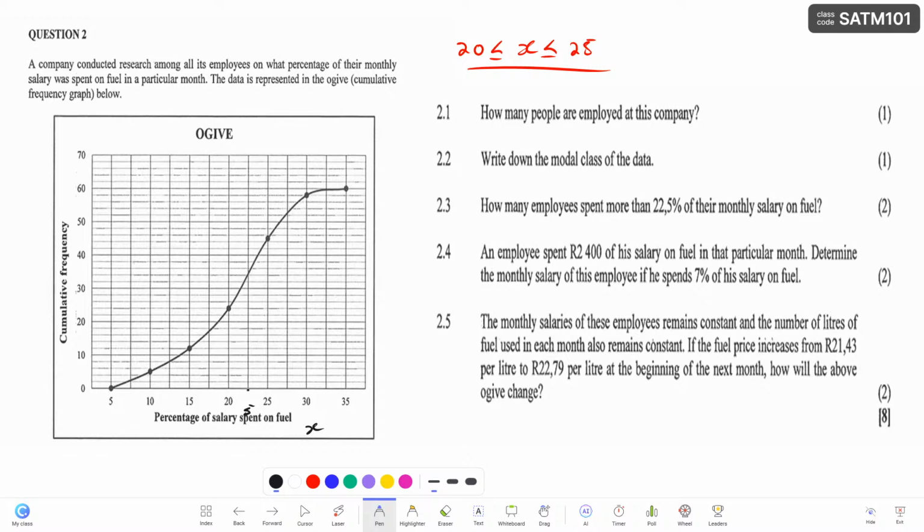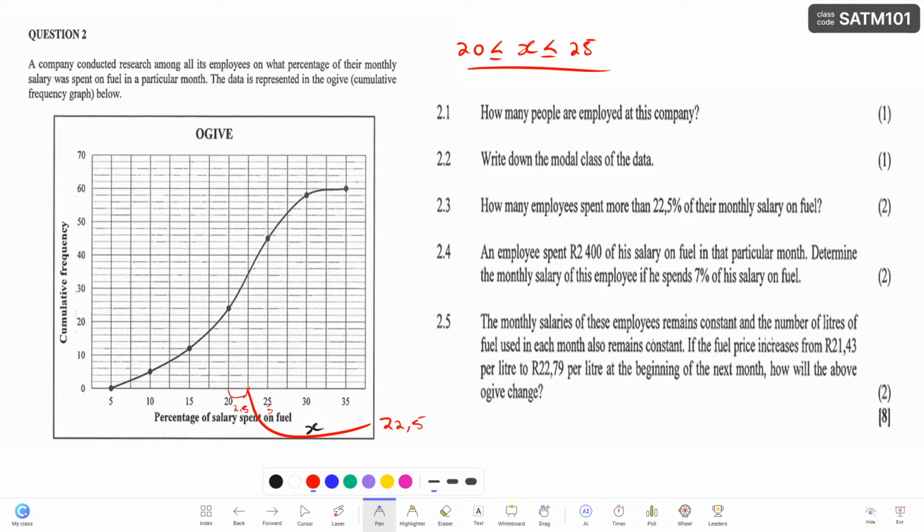But we have another line here which divides this interval in half. So you're going to divide that 5 and get 2.5. The distance from 20 to this midpoint here is 2.5, and the distance between here and here is 2.5, which added gives us 5. So this point here is 22.5.